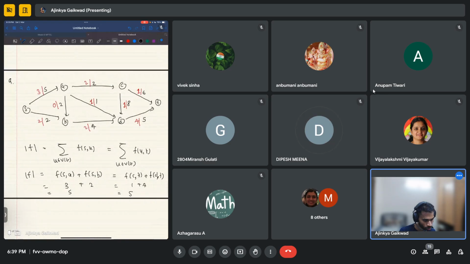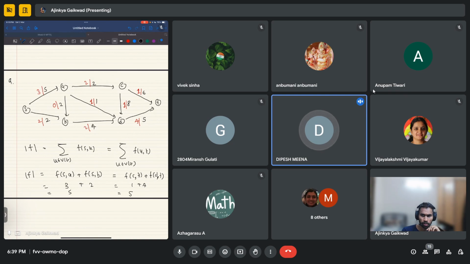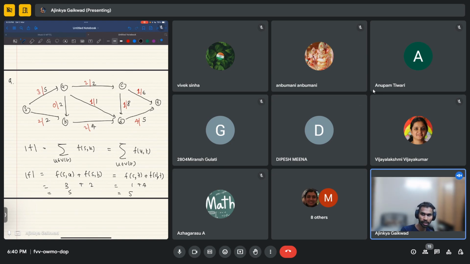Okay, let me ask you this question. You have a question? Yes, sir. Is there any technique to draw a flow which is valid in a graph? No, I mean the flow will be given to you, or you can construct it by hand.